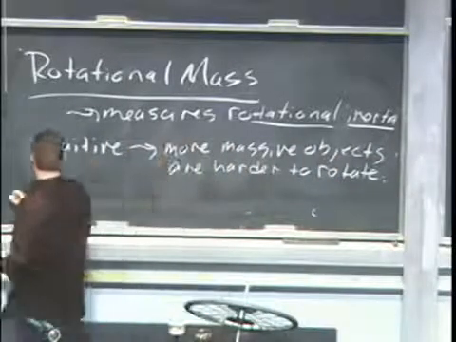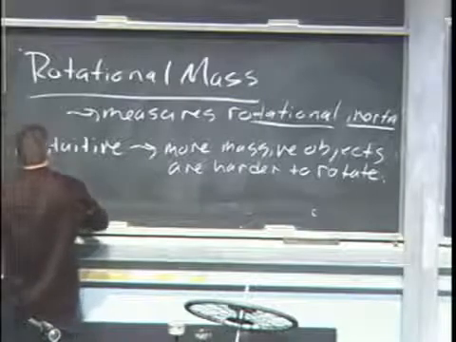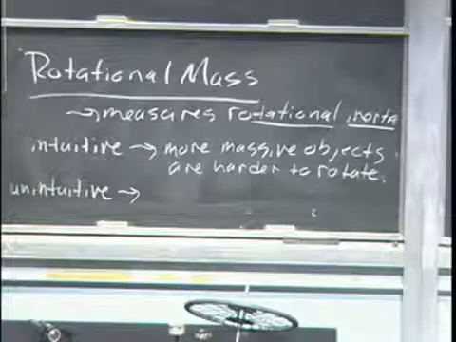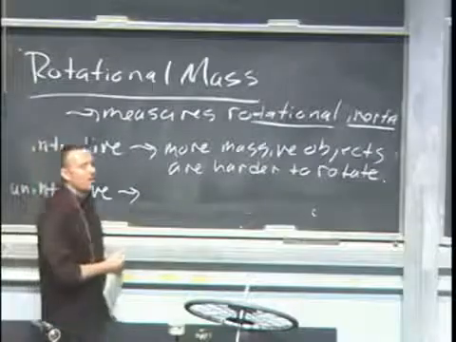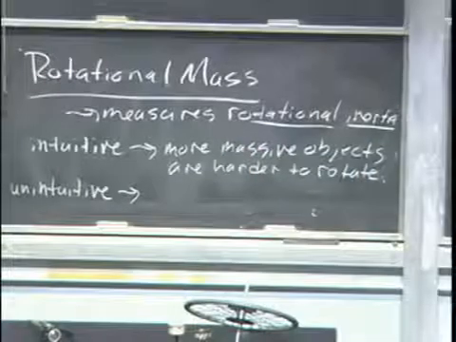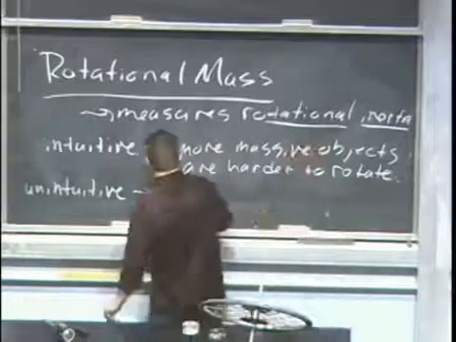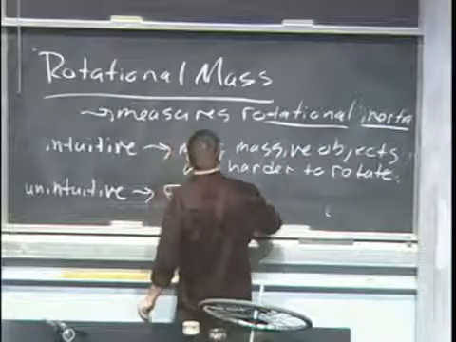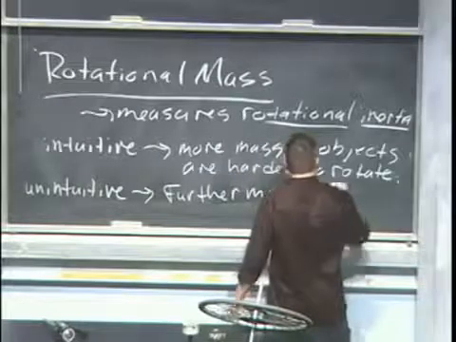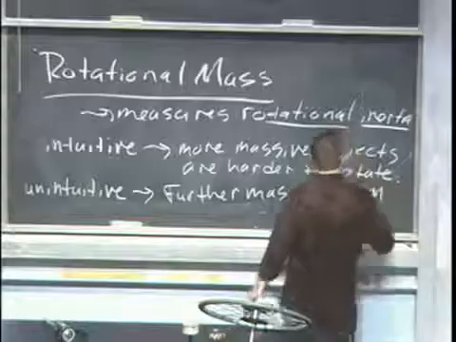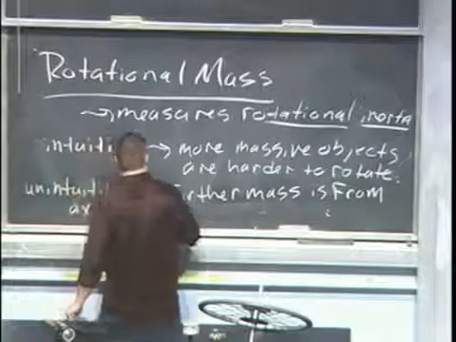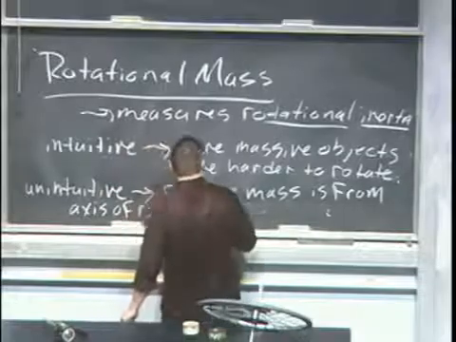The unintuitive part is that the further the mass is from the rotation axis, the harder it is to rotate as well. Let me write that down and then we'll show examples of that. So the further the mass is from the axis of rotation, the harder it is to rotate.